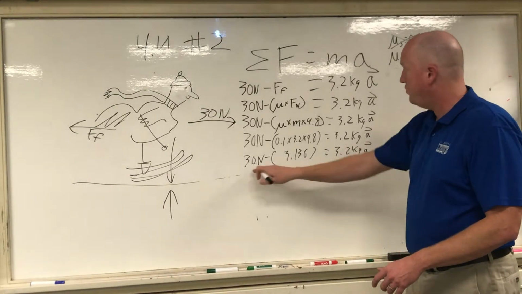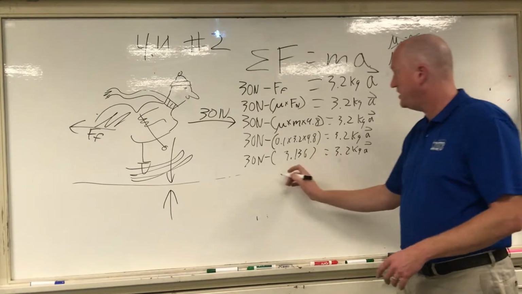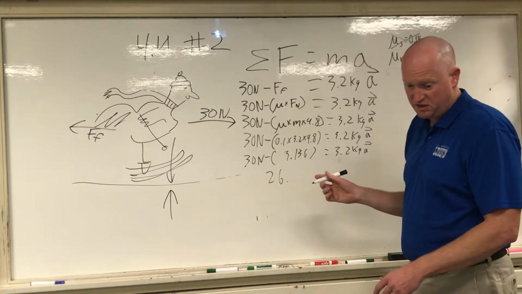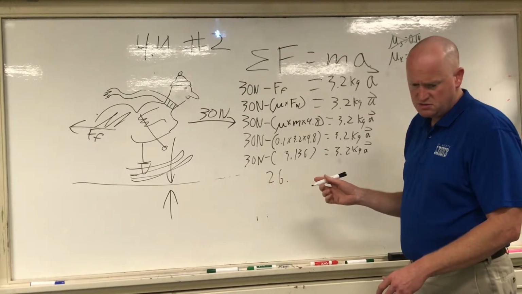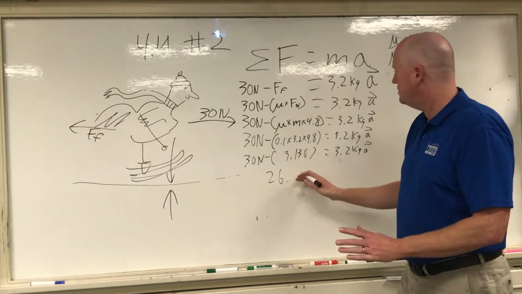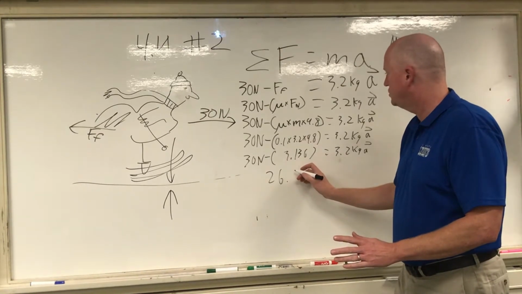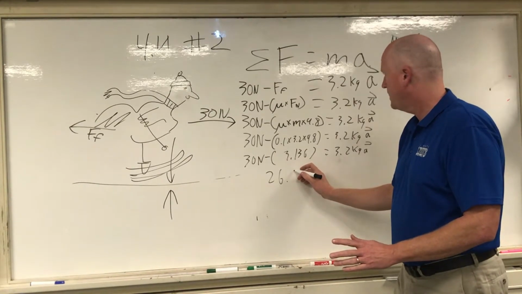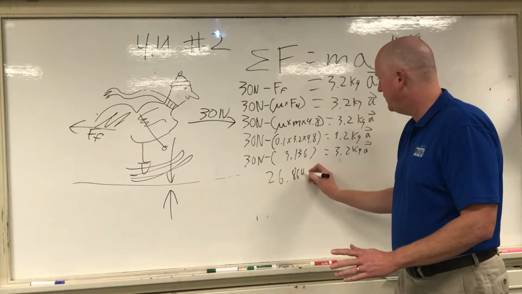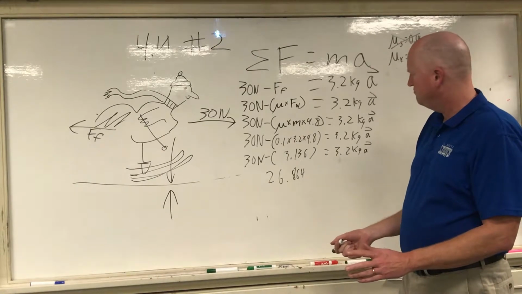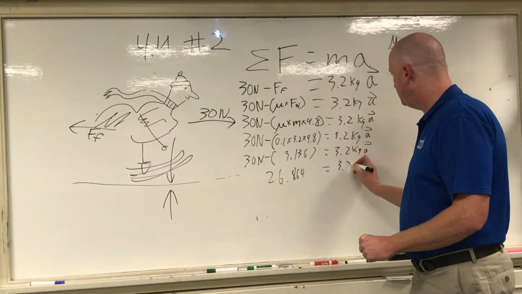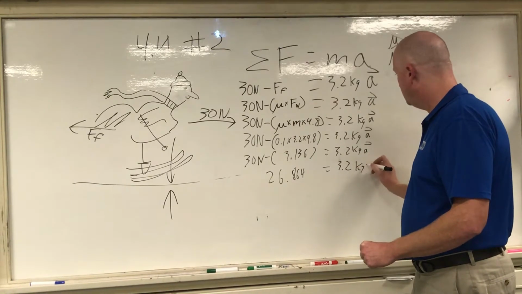So 30 minus 3.1, in my case, I get 26 point, what is it? 26.864, is that right? Close enough. Equals 3.2 times acceleration.